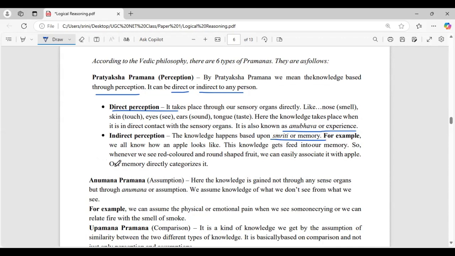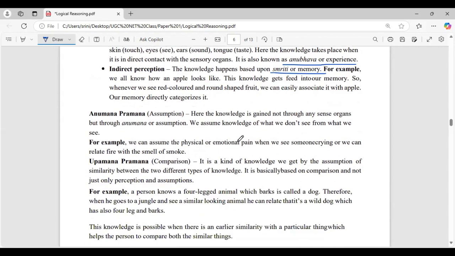Our memory directly categorizes it. So through direct perception, it is what we see, hear, smell, touch and taste. Then through memory, we get this knowledge. That is smriti.